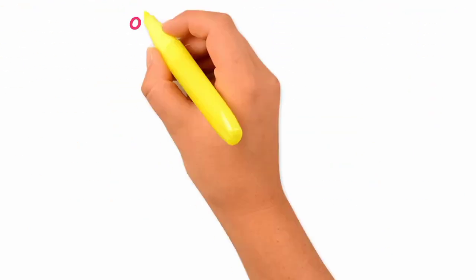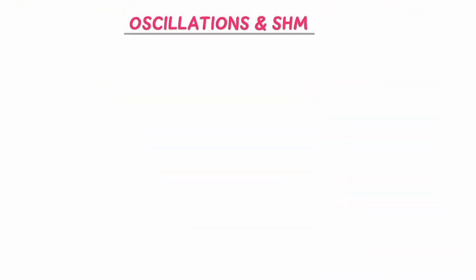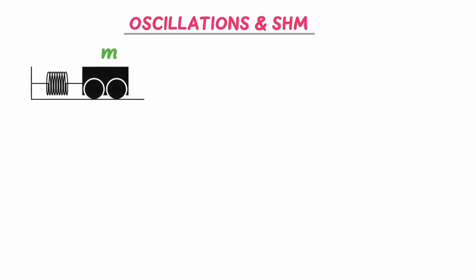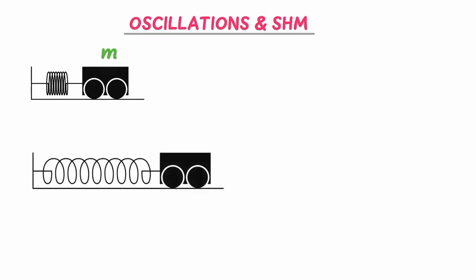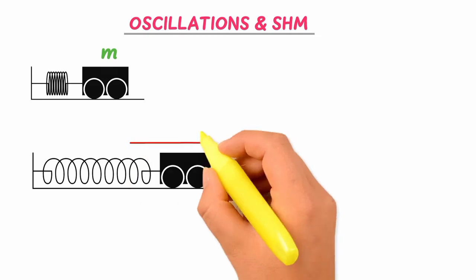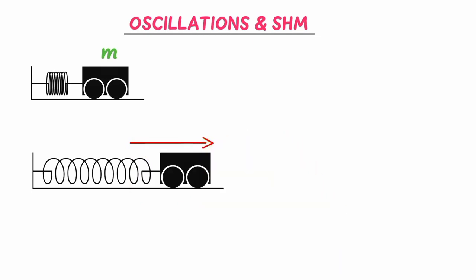So, understanding oscillations and SHM. Let's consider a mass M attached to an elastic spring. Now, I displace this mass M from its mean position. Let the displacement of the mass from its mean position be x.